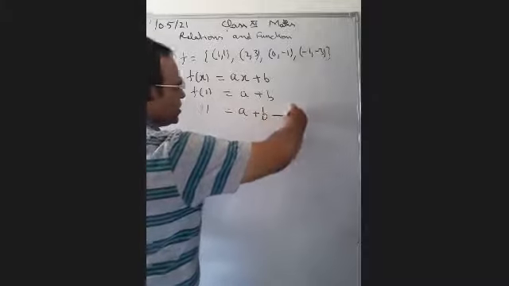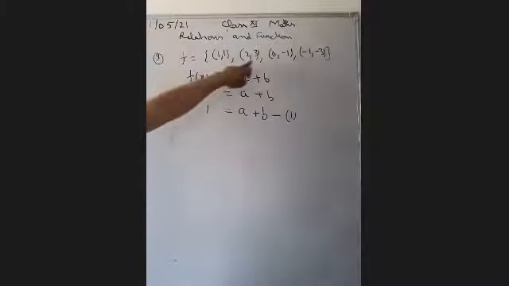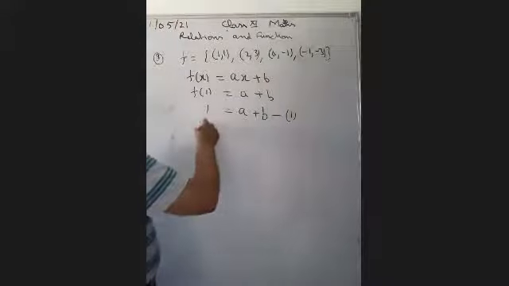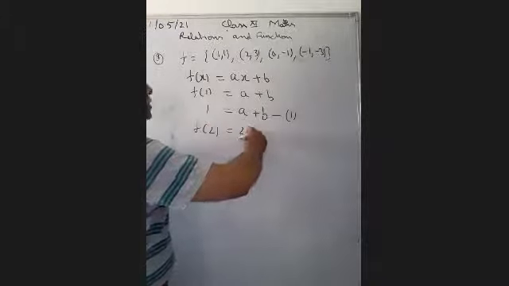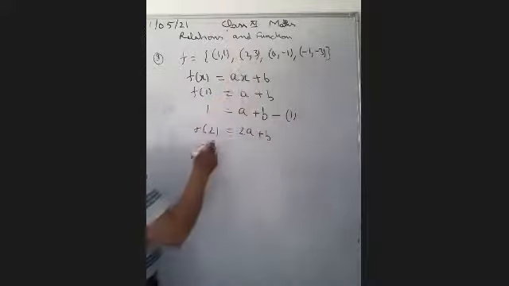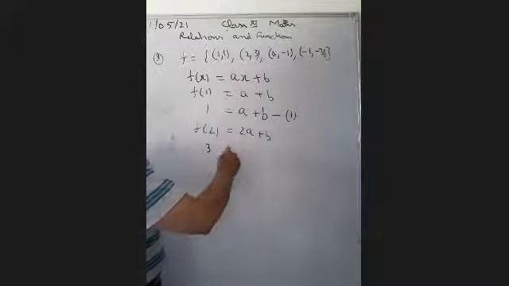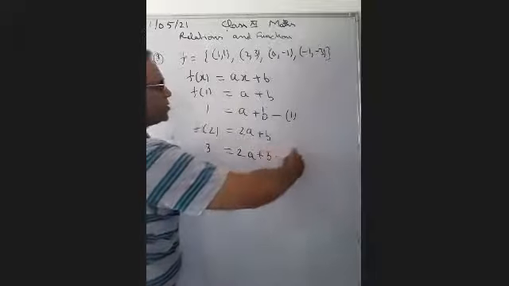This is the one equation. In next condition में (2, 3), means if we put x is equal to 2, f2, ठीक है, 2a plus b, और f2 is equal to 3, यानी कि 2a plus b equals 3. This is the second equation.